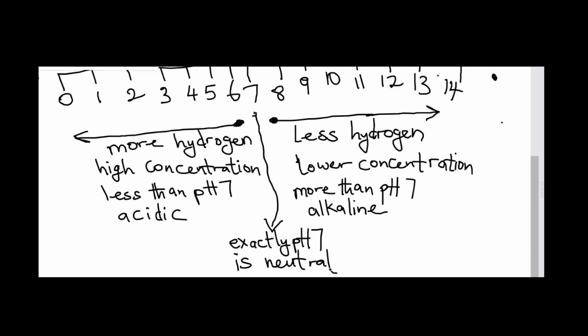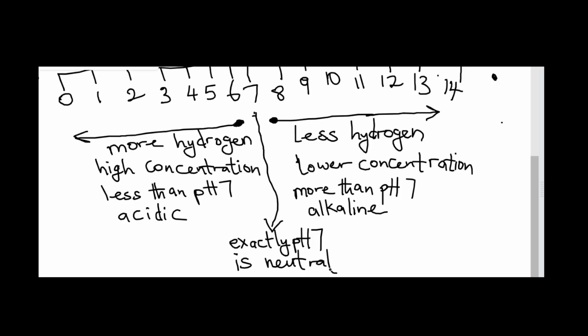All right. So with that being said, the pH scale will go from 1 to 14. Some will say 0 to 14. That will be fine. 7 is neutral. Okay. The higher the concentration of hydrogen, then we can say that the lower the pH.